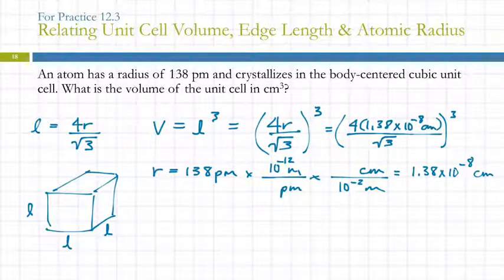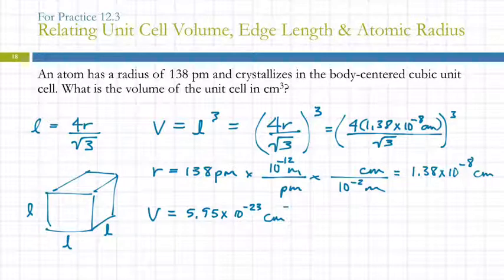So inside the parentheses, I'm getting 3.90 times 10 to the minus 8th. And then I'm going to cube that. And so I'm ending up with a volume. We're going to go with 3 significant figures here because of the radius. 5.95 times 10 to the minus 23rd cubic centimeters.